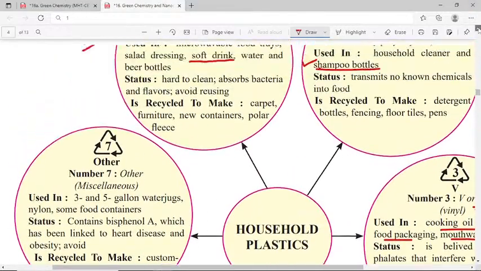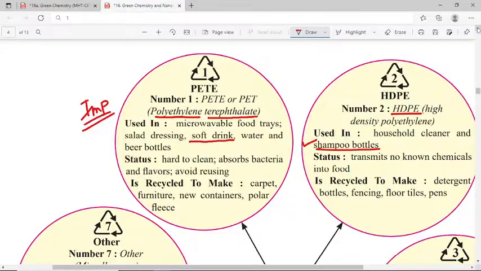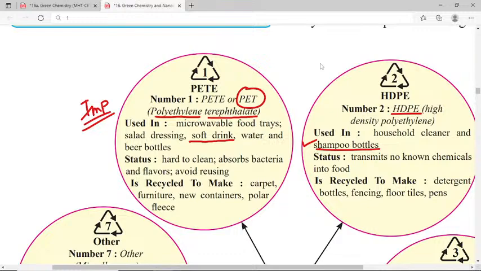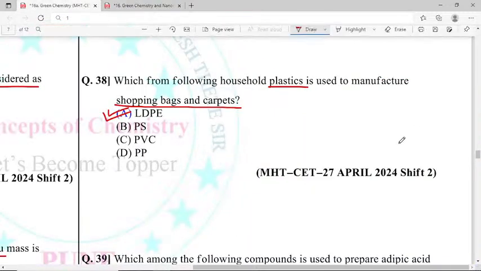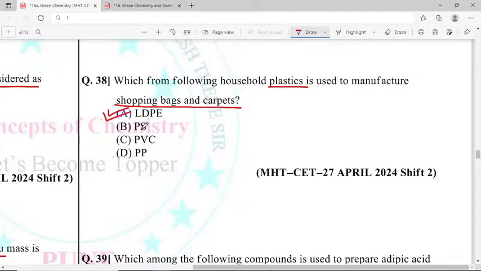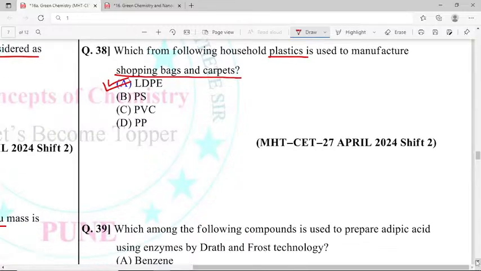Next, here is written PET. PET stands for polyethylene terephthalate. And next is HDPE, that's high density polythene. Okay, get it? So PS is polystyrene, PVC is polyvinyl chloride, PP stands for polypropylene. You should know this, okay, this is a question from the 2024 CET.